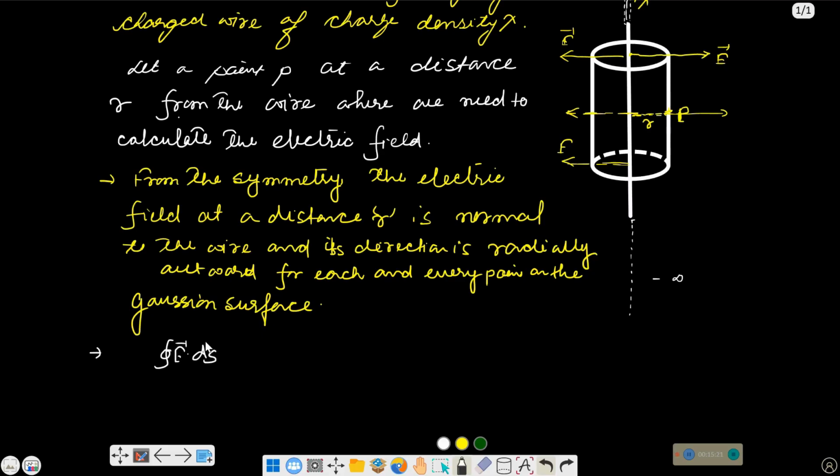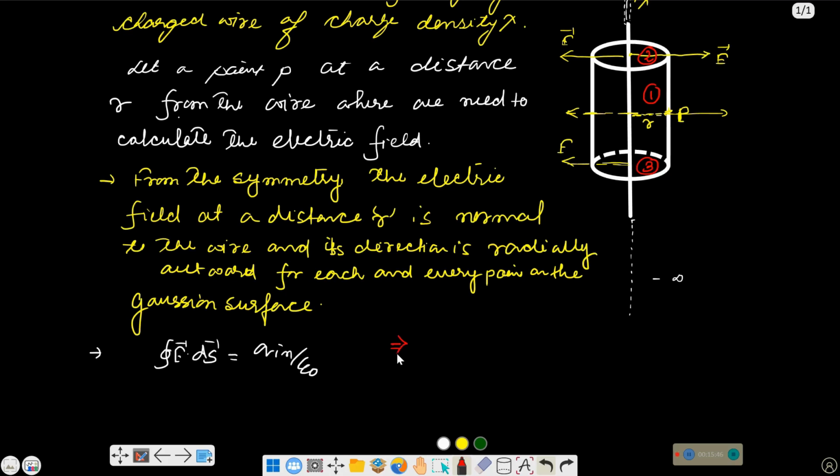That means if we use the Gauss law now, we need to find integration E dot ds equal to q in by epsilon naught. Now what is E dot ds? It has three surfaces: one curved surface, number two circular surface, and number three also a circular surface.